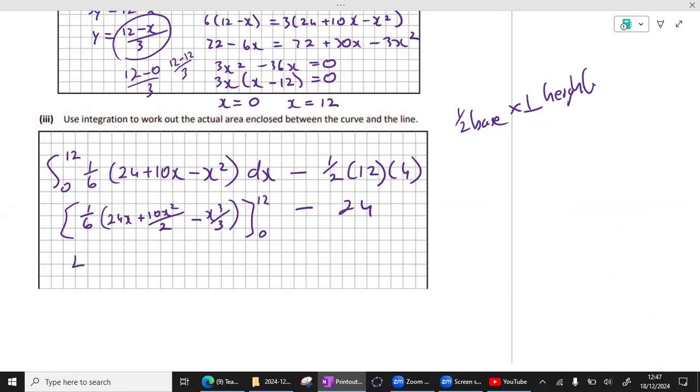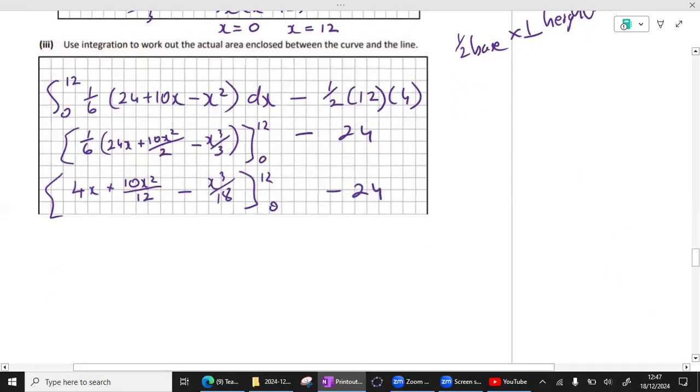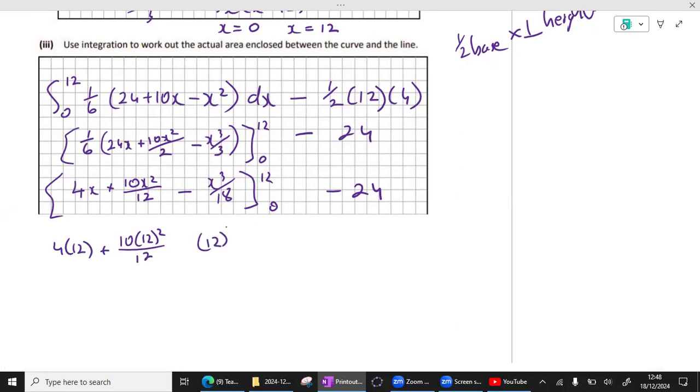So I think we'll do 4x plus 10x squared over 12, and then minus x cubed over 18. And then we'll put in the 12 and the 0, and we're going to take away the 24 when we're ready. So that's 4 times 12 plus 10 times 12 squared over 12 minus 12 cubed over 18.